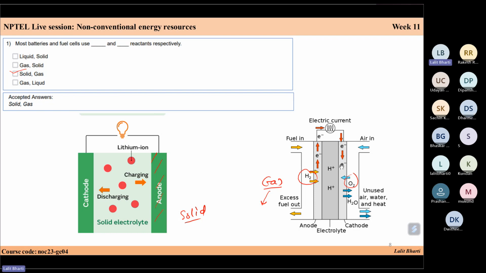So we can say that fuels are in gaseous form in fuel cells, and the electrodes are solid in batteries. So your third option will be correct: most batteries and fuel cells use solid and gas reactants respectively.